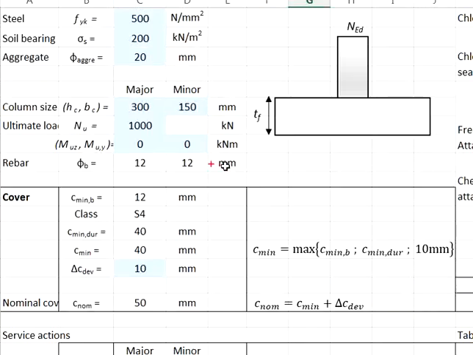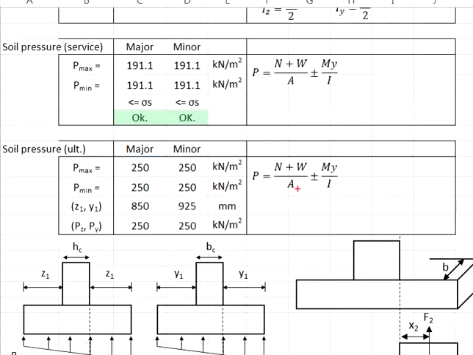Since there is no moment acting onto the pad footing, this whole thing will be equals to 0. Then you will obtain a consistent bearing pressure of 250 kN per meter square throughout the pad footing.